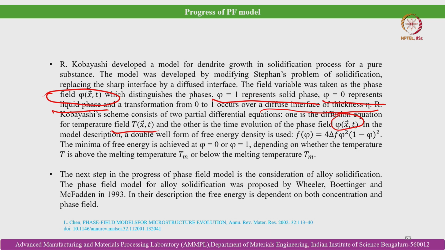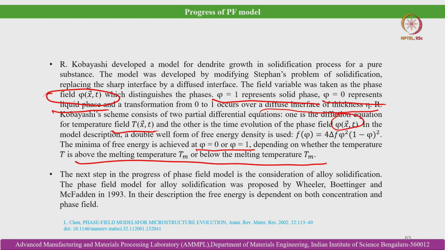So, the minima of free energy are achieved at phi equal to 0 or phi equal to 1, depending on whether the temperature T is above the melting temperature Tm or below the melting temperature Tm.